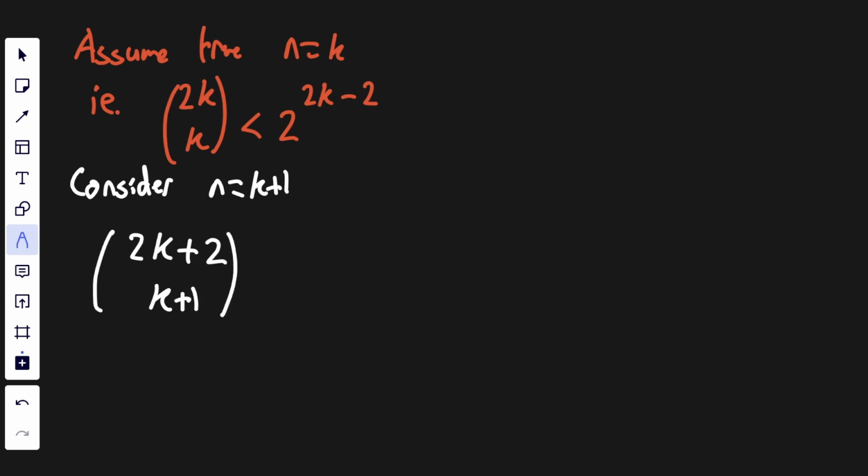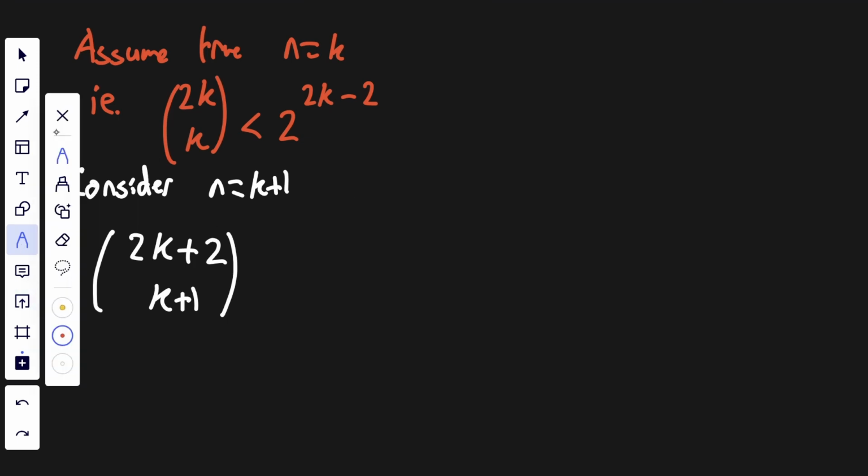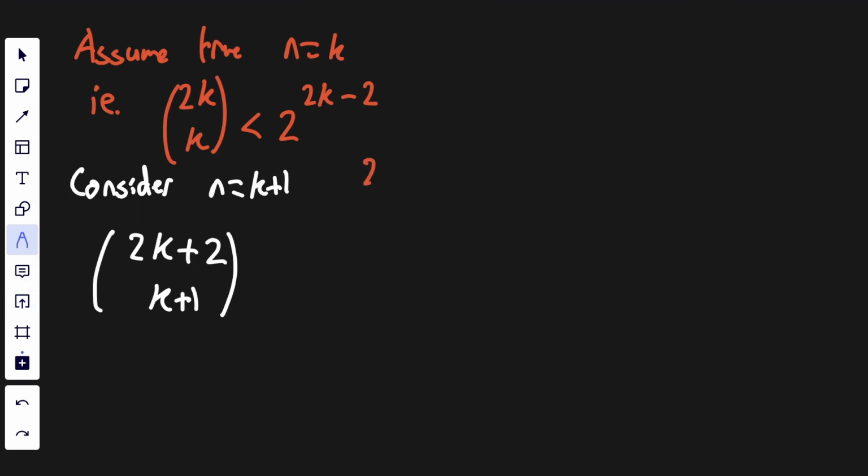Now our next step is to try and involve our assumption. So I want to try to find this. What we're going to do is convert both of them to factorials. The red one is 2k factorial over k factorial, and then 2k minus k factorial, so k factorial again.